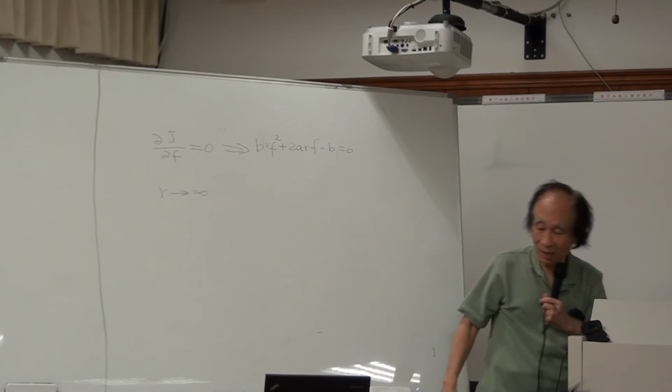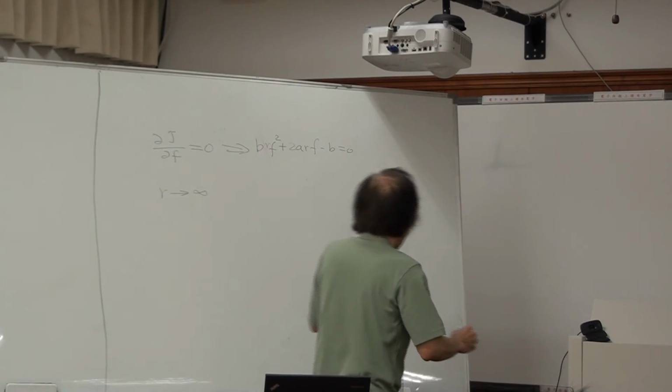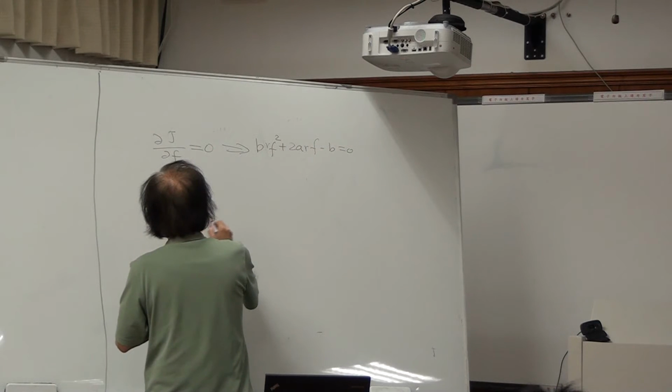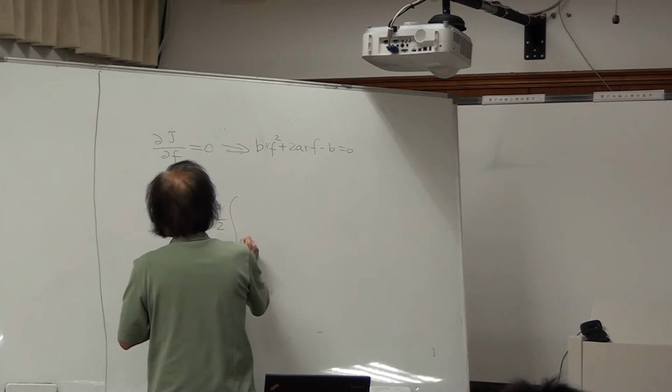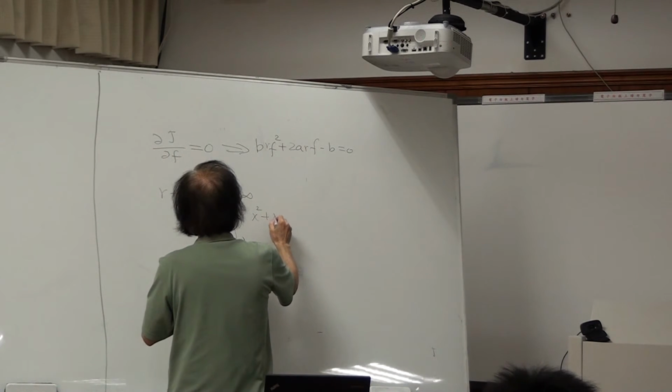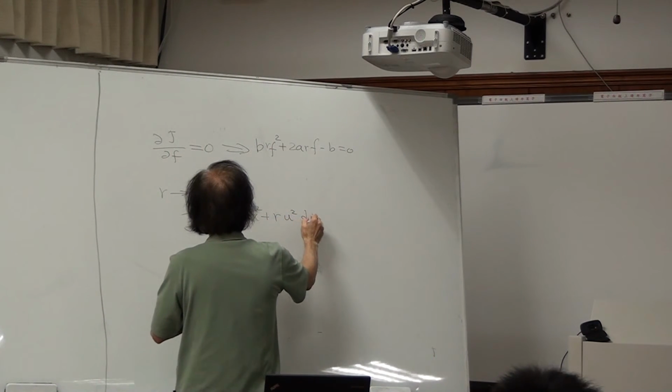What do we mean by r going to infinity? Look at our J index. Our index is the integral from 0 to infinity of x squared plus ru squared dt.